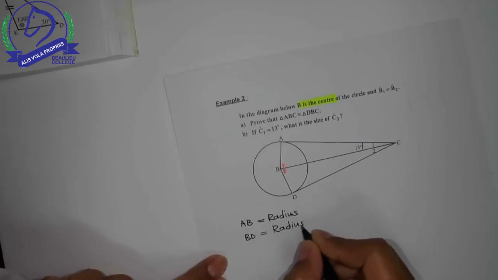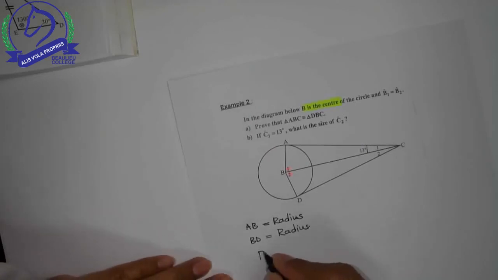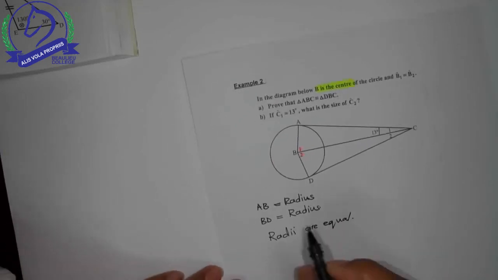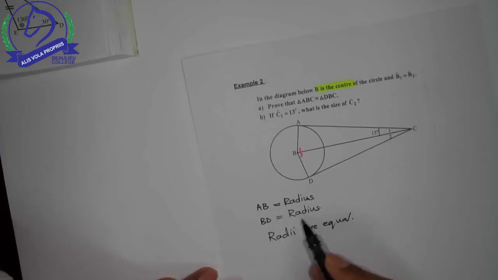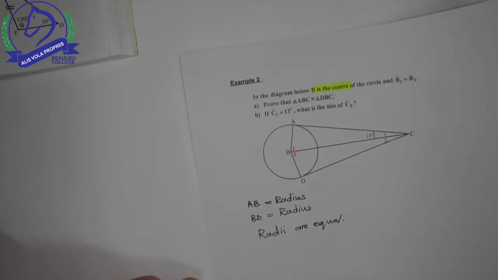And does the radius of a circle change? No. If you draw it moving around here, it doesn't change. So we know that radii are equal. Okay, so remember that. When it comes to a circle, look out for this. Many learners forget to see this, and hence they are stuck when asked to prove congruency.